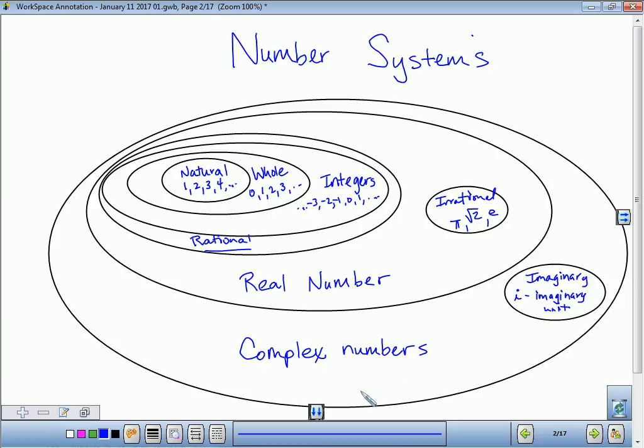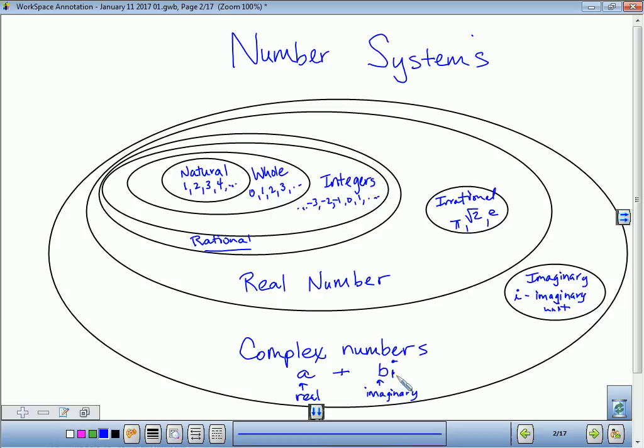Now, complex numbers have a real part and an imaginary part. Real, we represent with the letter a. Imaginary, we represent with the letter b, times i. i for imaginary.